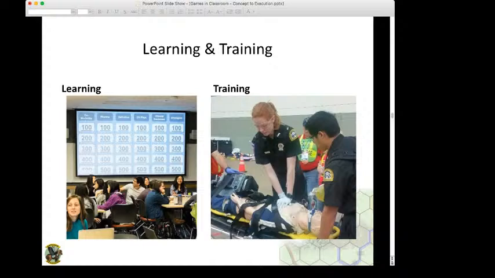We're learning different terms within a medical environment, whereas in training, we're actually putting hands on the mannequin and trying to revive the mannequin on the gurney, where it's not simply can I recite what A, B, and C stand for, but do I check airway, breathing, and circulation in the appropriate sequence in the appropriate place on the mannequin? Am I checking the pulse in the arm when there's a bleeding wound in the upper arm? There's no point checking the pulse in the wrist at that point. So that's a difference between some of the learning versus training that you might run into there.